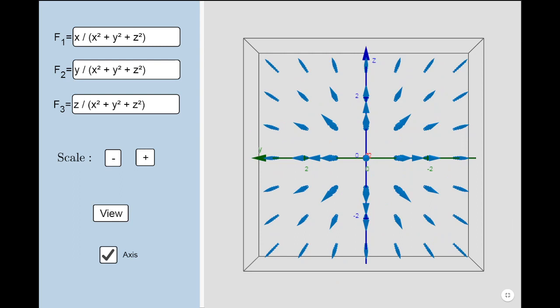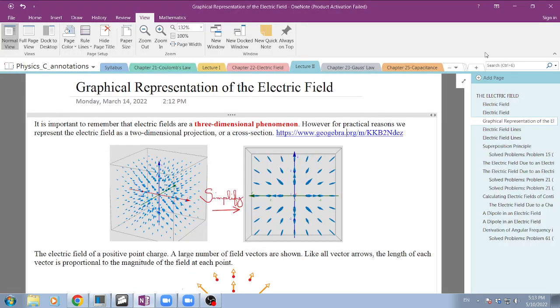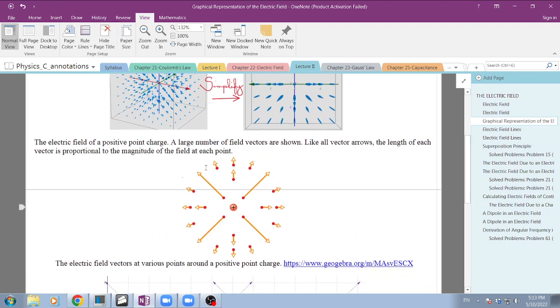You represent a cross section, or you represent a projection. Generally, this is what we do to represent the electric field graphically and understand it better. We simplify, right? But even simplifying, you can see that it's very complicated.